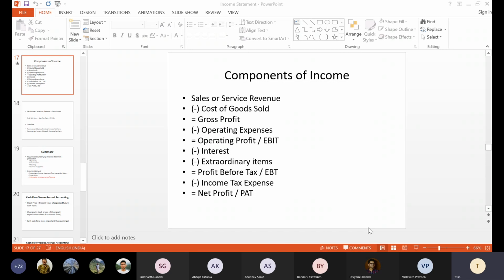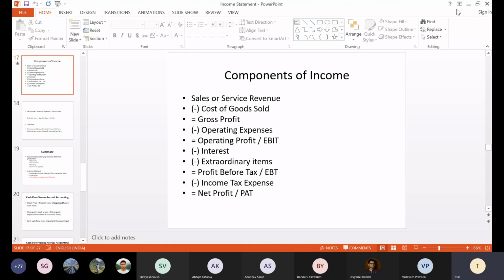Yes, Rayesh? Ma'am, some durable equipment. Yes, durable equipment what? Ma'am, any equipment which we don't trade on a regular basis, that can be an extraordinary item. Okay, Saurabh, what do you want to say?